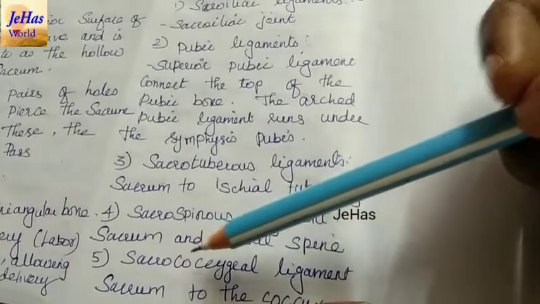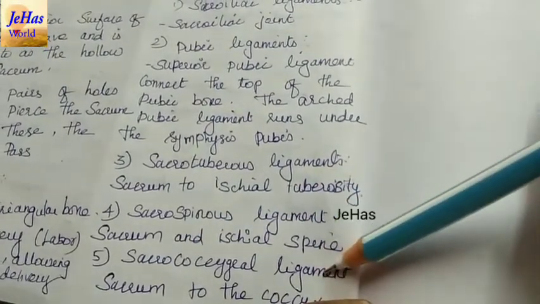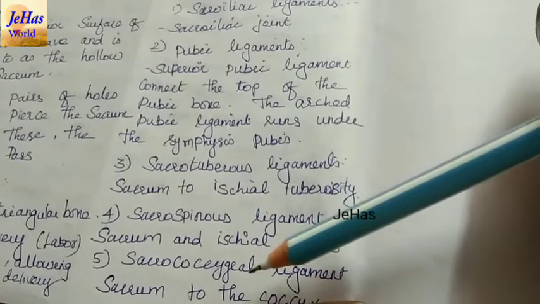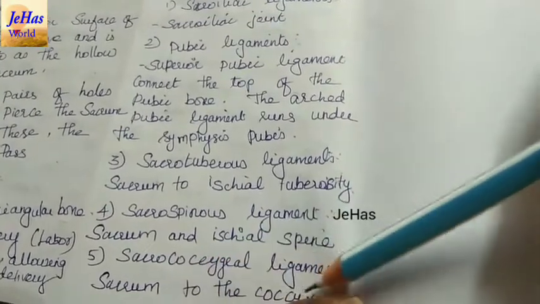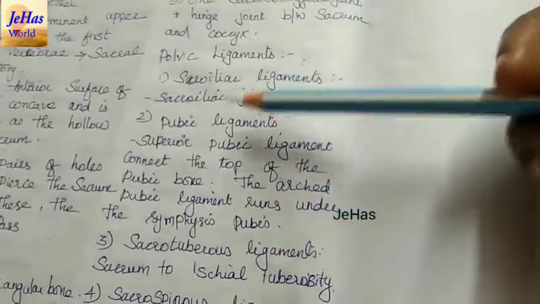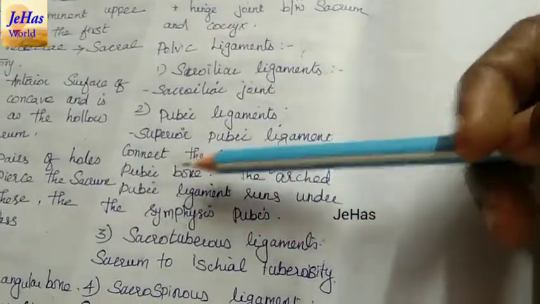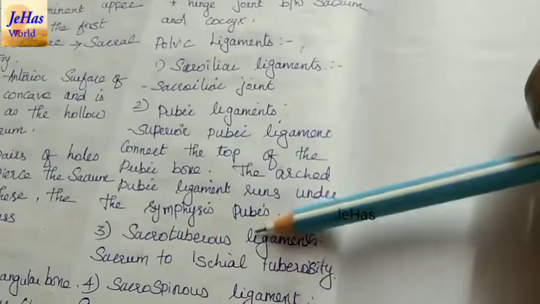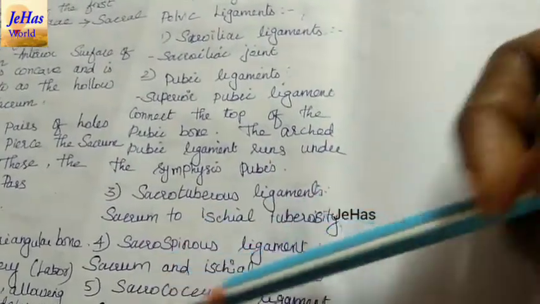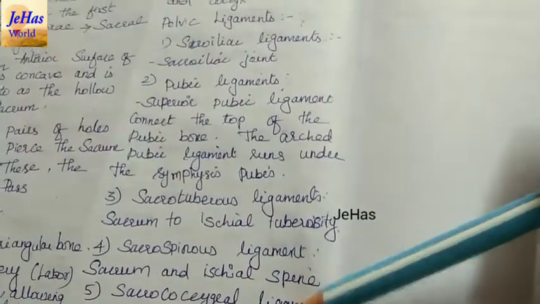Next one is the sacrococcygeal ligament. One ligament on each side from the sacrum to the coccyx. So total 5 ligaments: sacroiliac ligament, pubic ligament, sacrotuberous ligament, sacrospinous ligament and sacrococcygeal ligament.